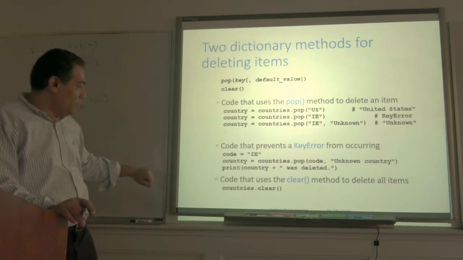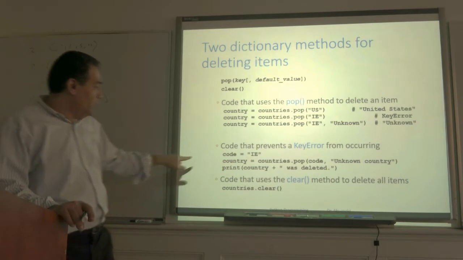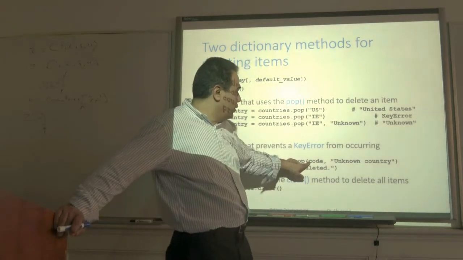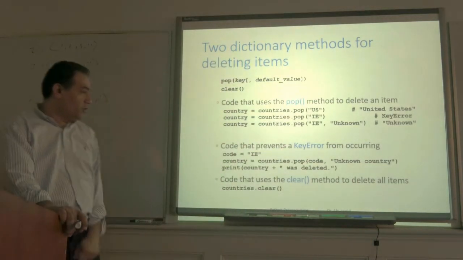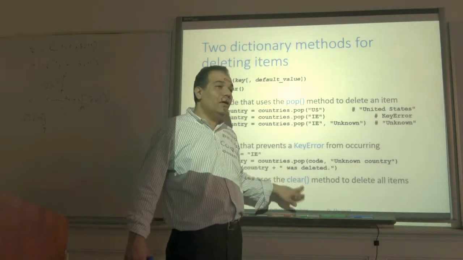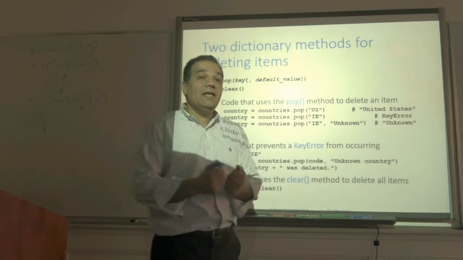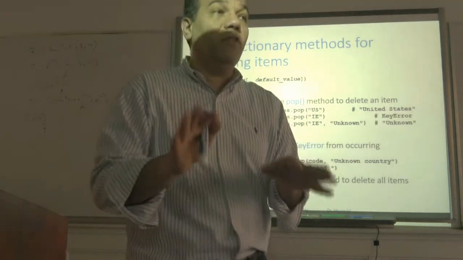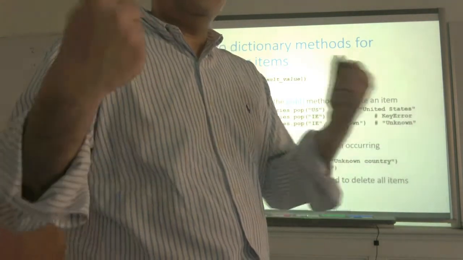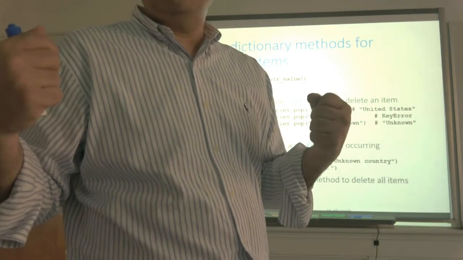In here, countries pop the code, whatever, and it will be removed from the dictionary. If I want to clear the whole dictionary, delete everything, I use clear. It does not delete the dictionary. The dictionary will be there, but it deletes what? The content, what it has inside it, right?